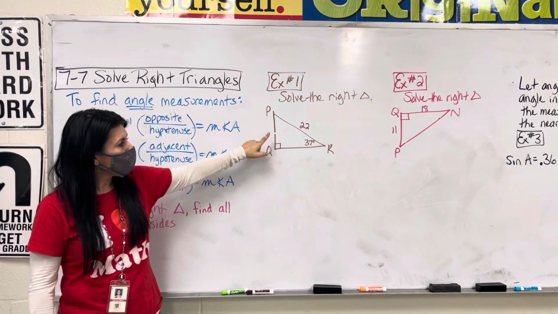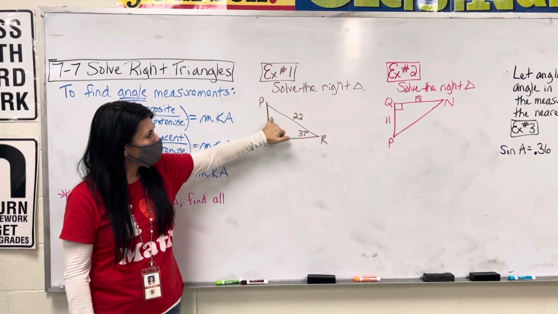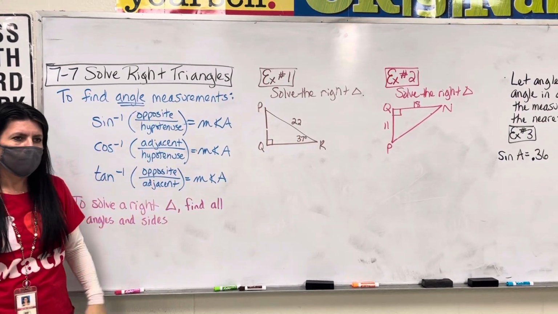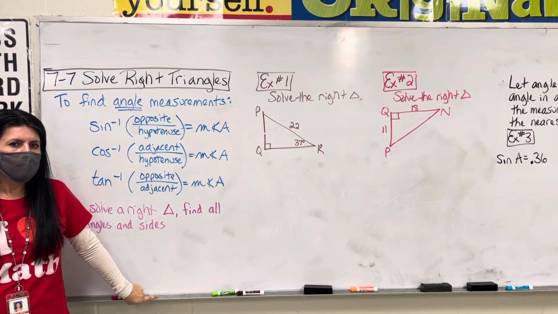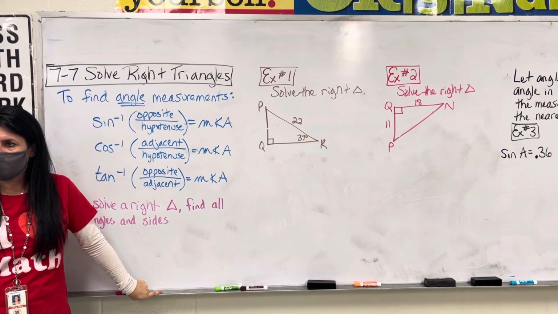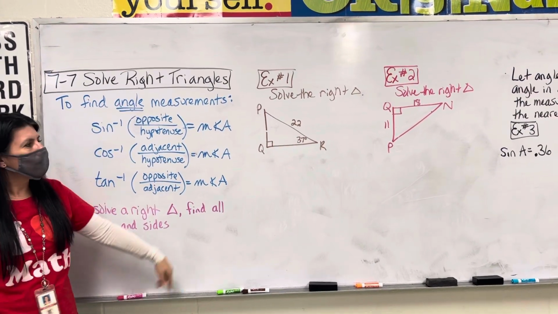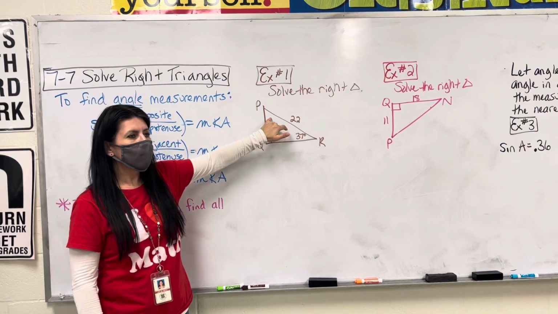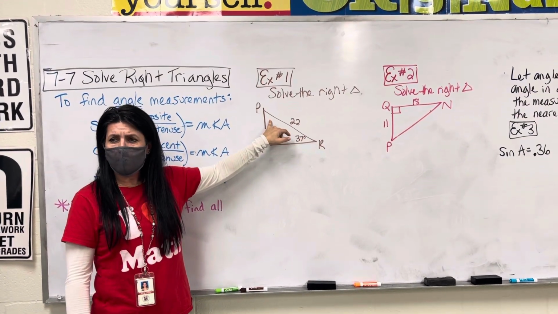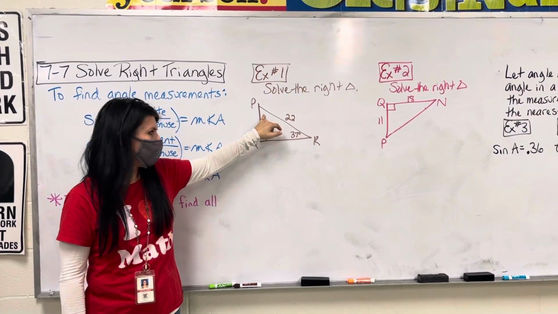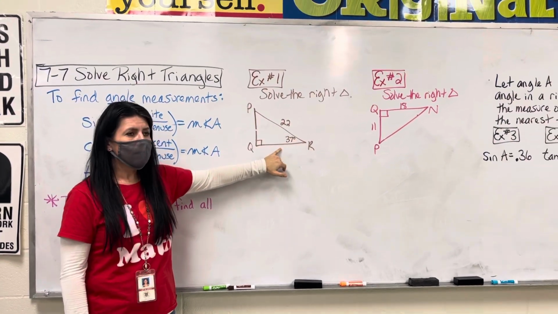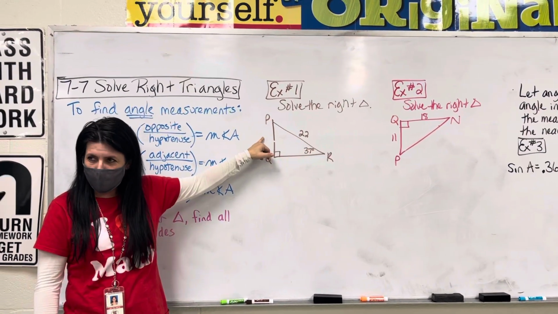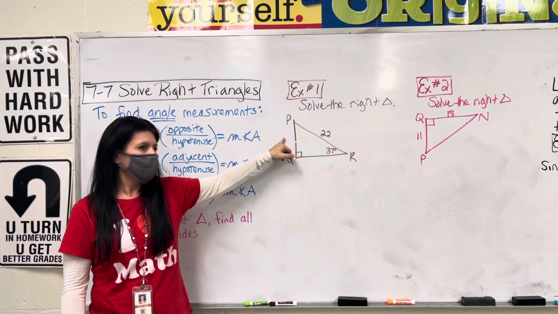So how can I figure out the measurement of this angle? Let's think about this angle. Could we use tangent? We don't know the angle, we don't know this side, and we don't know this side. We have three unknowns in that case. That's not a good starting point.